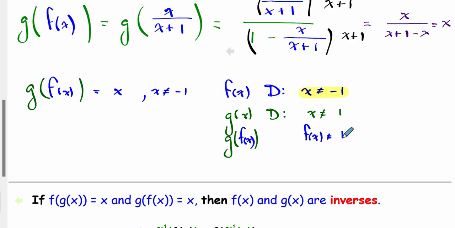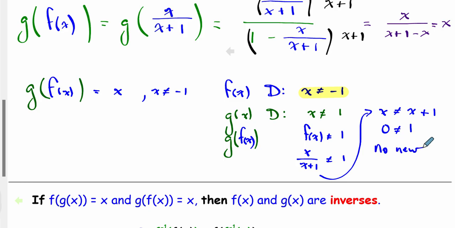And as I work this through, x over x plus 1 can't equal 1. X can't equal x plus 1. Subtract x on both sides. 0 can't equal 1. No new restrictions.